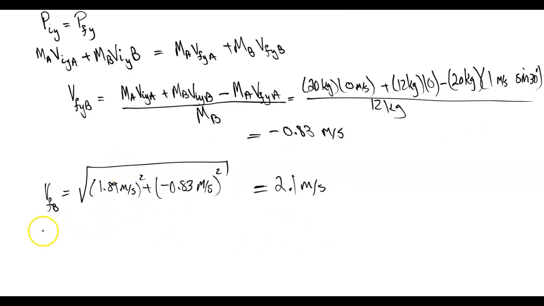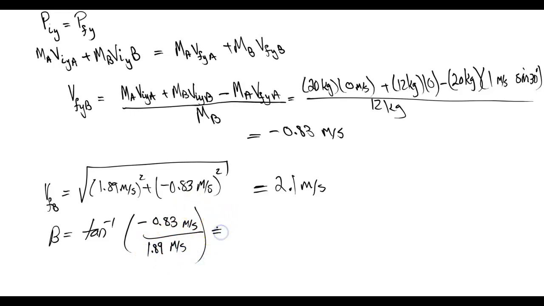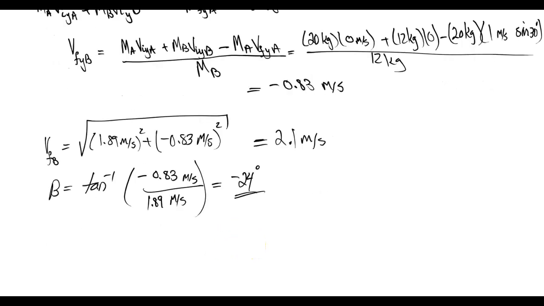And now if we want to find the angle at which robot B moves, we have tangent inverse of negative 0.83 meters per second over 1.89 meters per second. Keep in mind this will be in the fourth quadrant, which gives us about a negative 24 degrees angle.